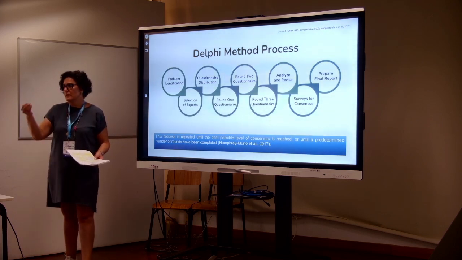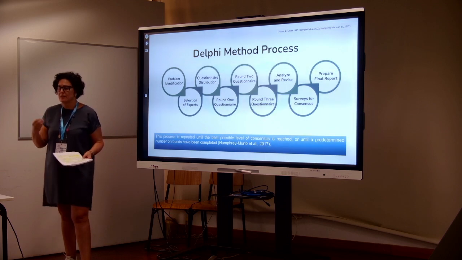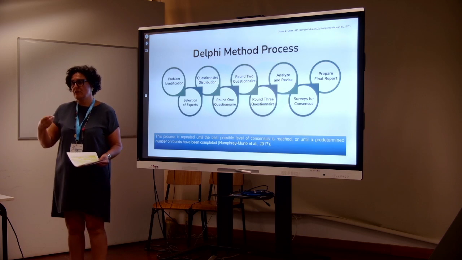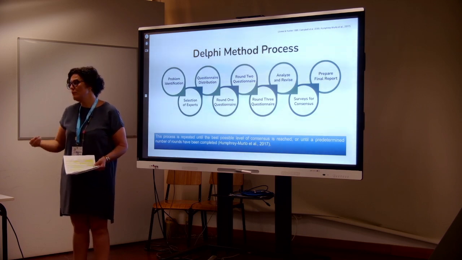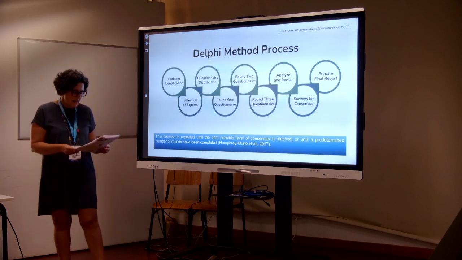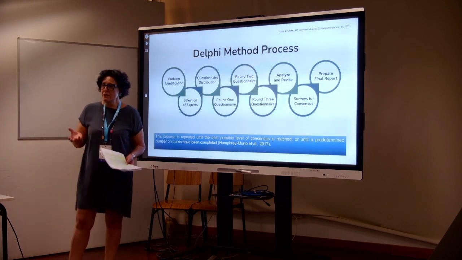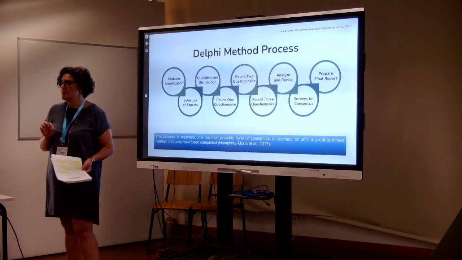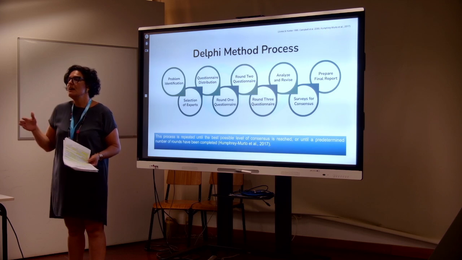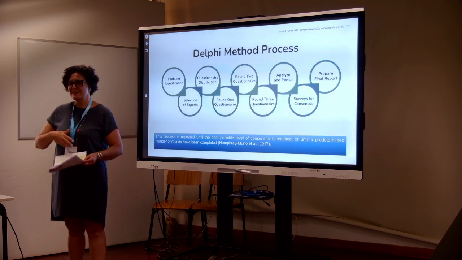In round one, the experts receive the material and give their opinion. They can rank, agree or disagree, but they can also propose new items and new ideas to be incorporated in the list.